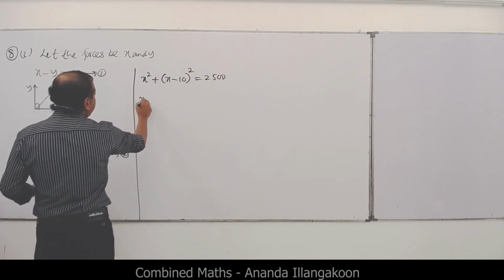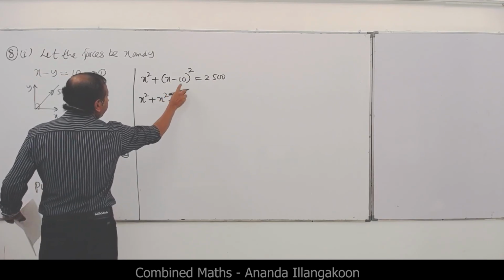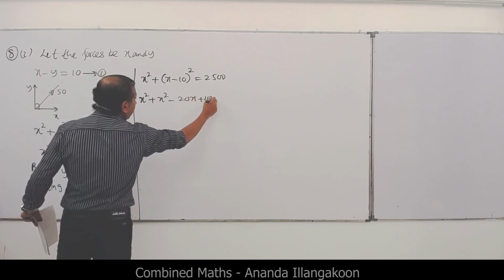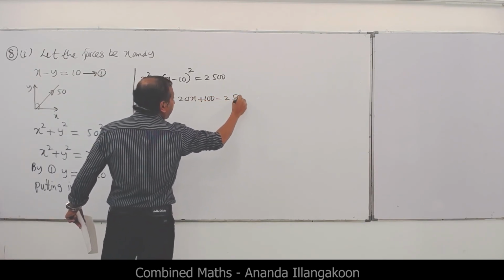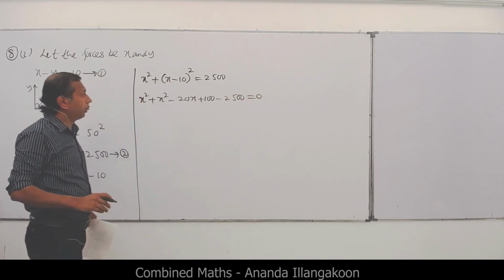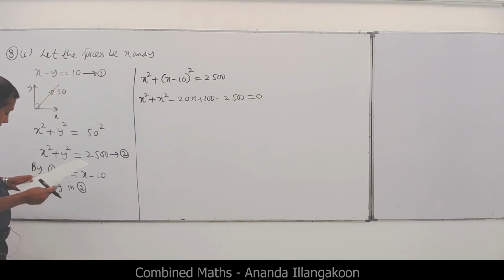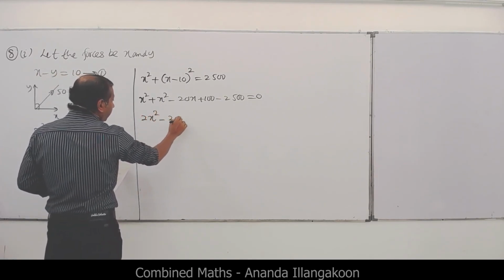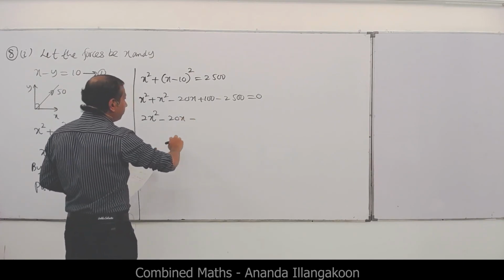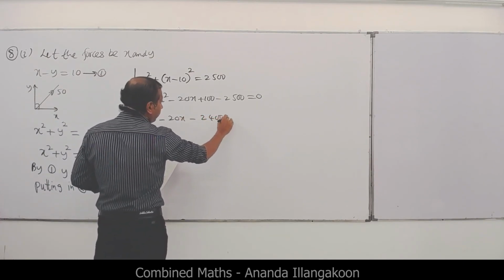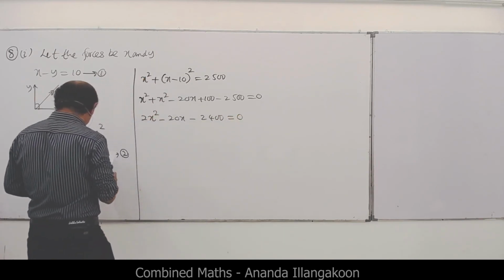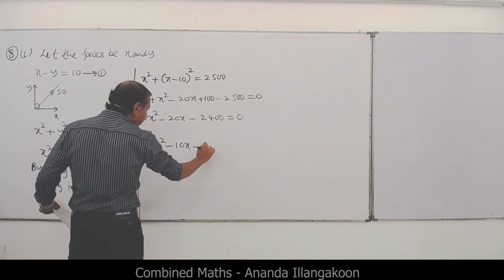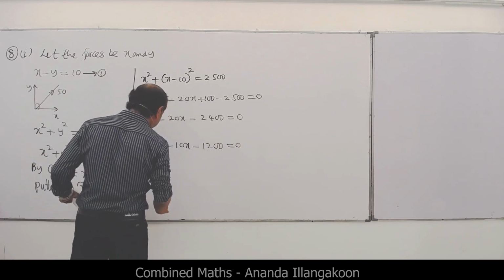Here we get x squared plus x squared minus 20x plus 100 minus 2500 equals 0. Taking the 2500 to the left hand side, we get 2x squared minus 20x minus 2400 equals 0. Dividing by 2 we get x squared minus 10x minus 1200 equals 0.